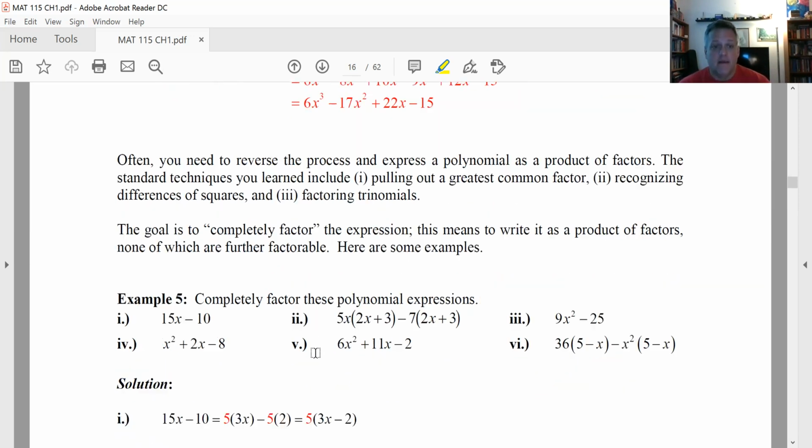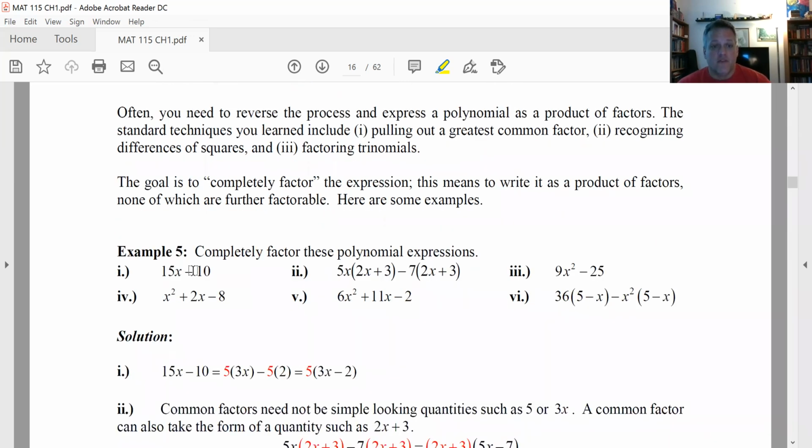So let's actually look at a couple of these just to get reacclimated to this notion of factoring. All right, so for the first one, for 15x minus 10, notice that you can rewrite the 15x as 5 times 3x and the 10 as 5 times 2. So each one of them has a 5 in common. So now you can yank out that 5 and rewrite this using the distributive property backwards as 5 times 3x minus 2.